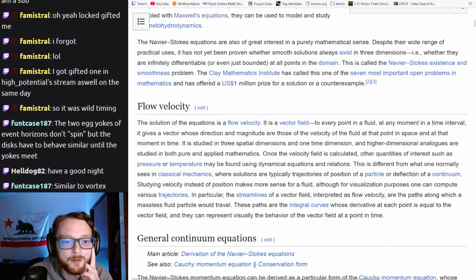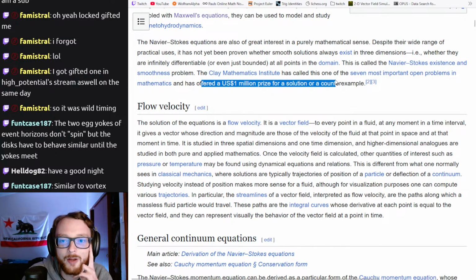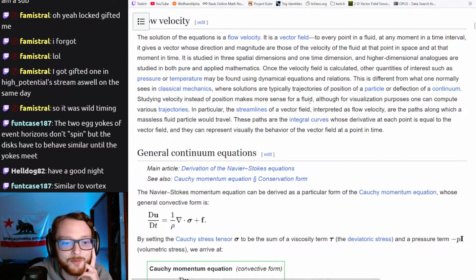Oh, to win the $1 million, you don't have to solve Navier-Stokes. You have to prove it has a smooth solution. That's so much easier. Let's go do that.